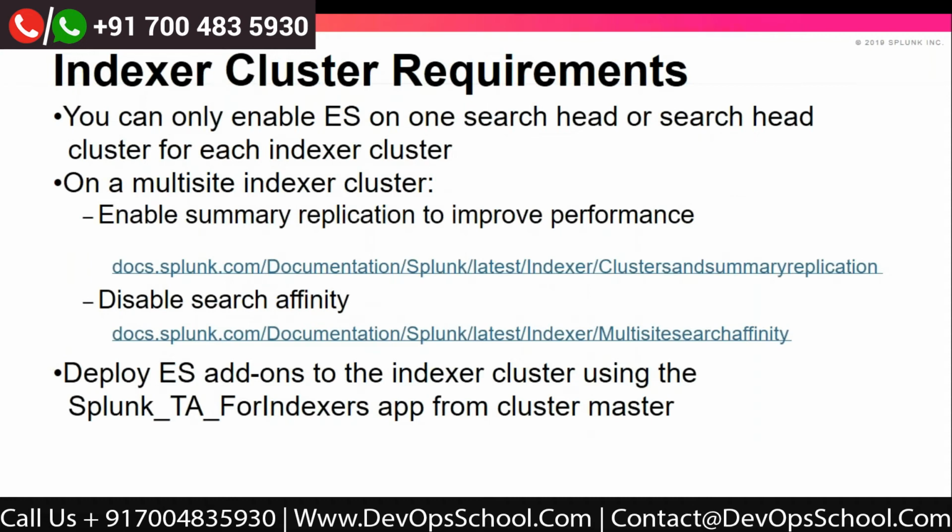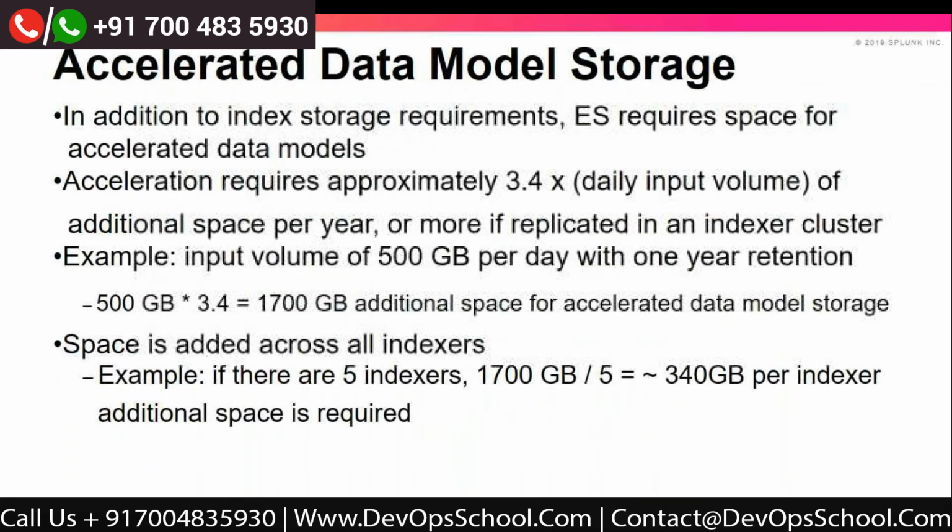I will skip how to do the indexer clustering. Now for storage, as I said, we require 3.4 times more storage as compared to a Splunk Enterprise deployment. That is for all the indexers.